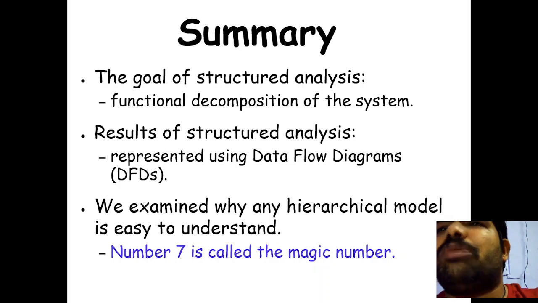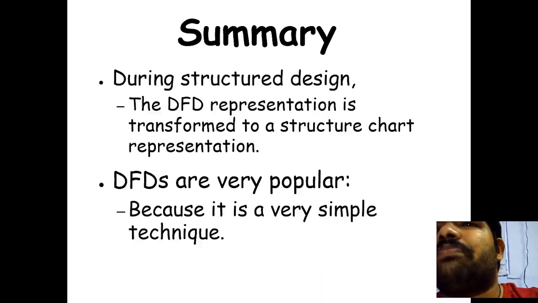Functional decomposition is represented with data flow diagrams, with the context level DFD, that is level 0 DFD, and then level 1 to level 7, minimum 3, maximum 7. We cannot make more than 7 DFDs, so 7 is called the magic number.